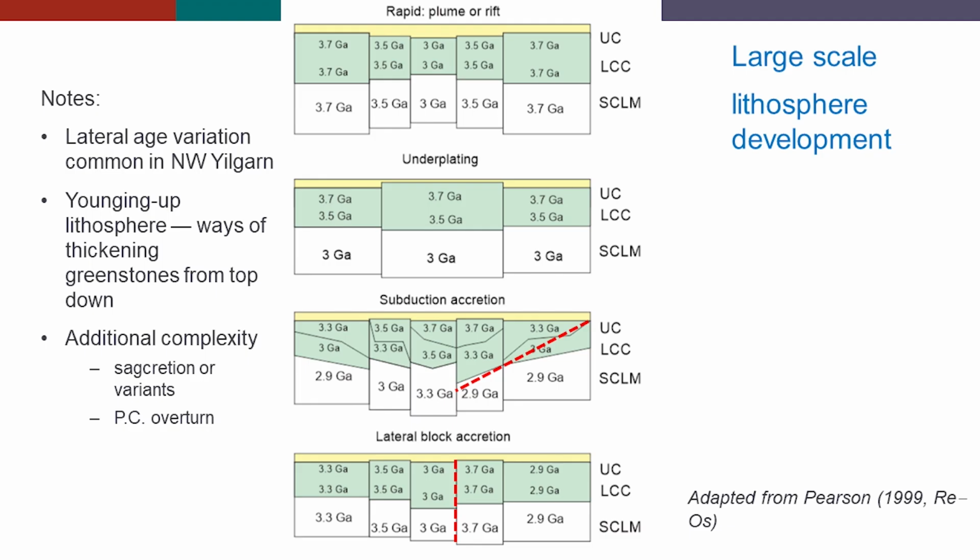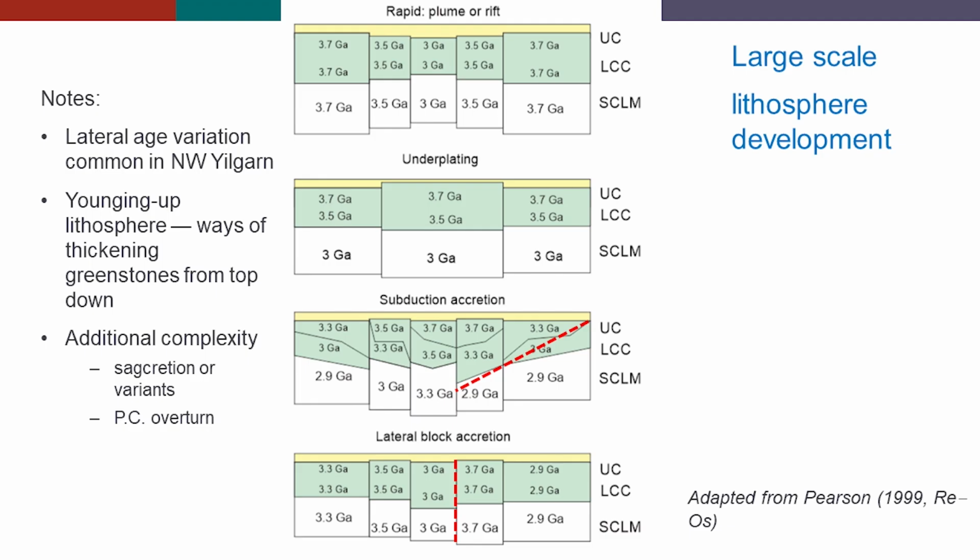Whereas something like lateral block accretion, I don't exactly know what that is, but that would contain more vertical distributions of ages. And I can tell you now that these isotopic maps that we look at contain information telling us that there is a lot of lateral age variation in the northwest Yilgarn. So something like what you see in the top example.